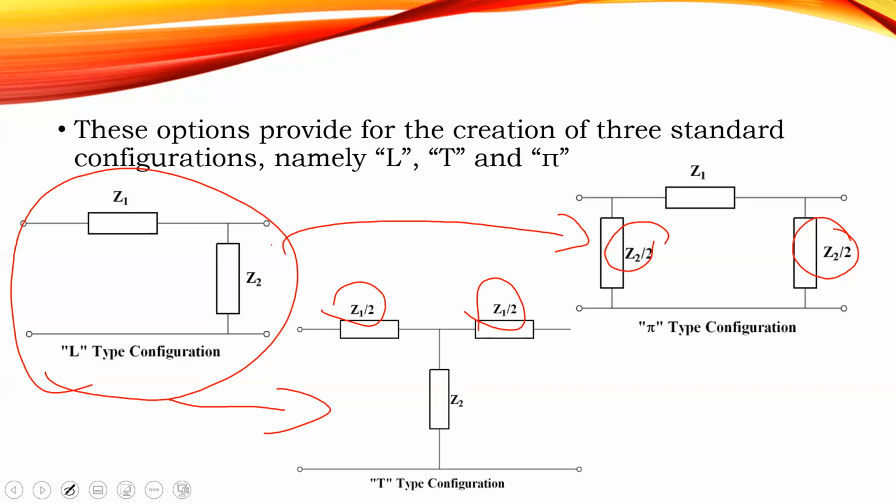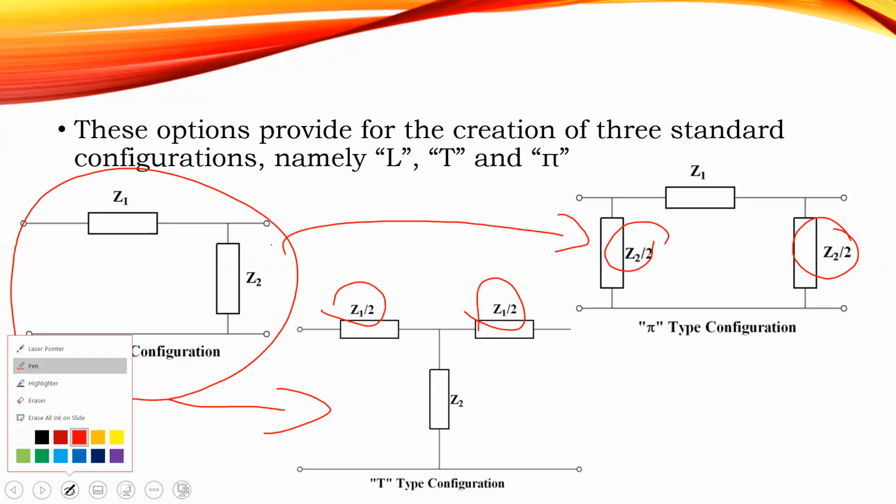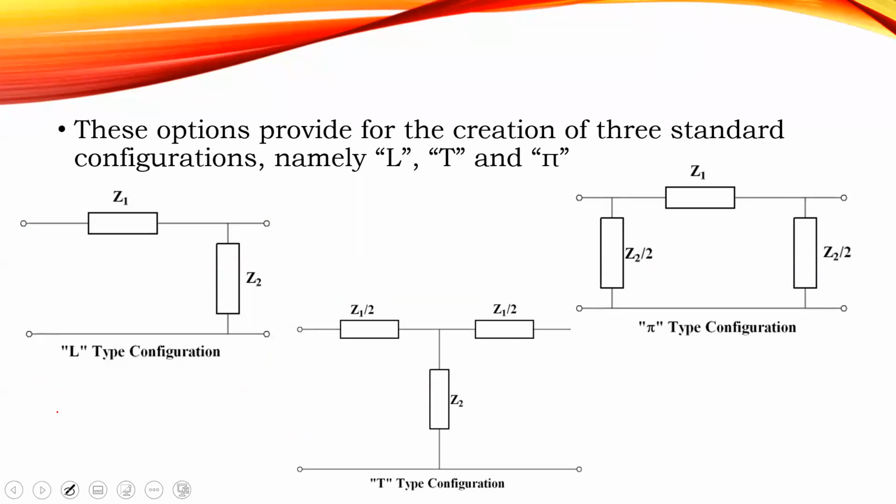So the formula is not anything for you to remember. What you need to know is how to move from one configuration to the next. All right, so do we have these diagrams? Yes, sir. Okay.